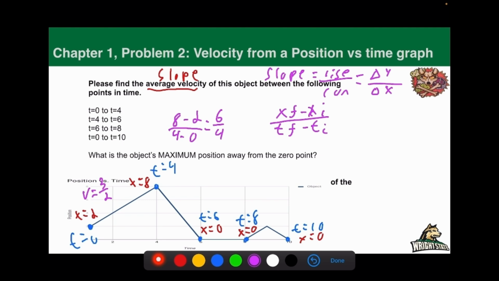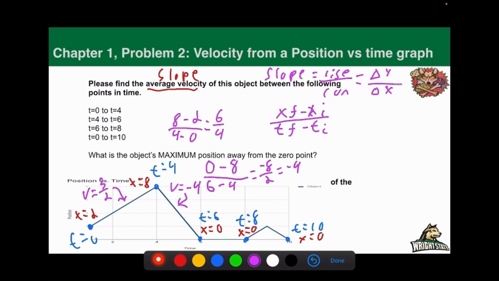Final x is 0, minus our initial x is 8. Final t is 6, minus our initial t is 4. 0 minus 8 over 6 minus 4 is going to give me -8 halved, or -4. So v equals -4 for this piece.